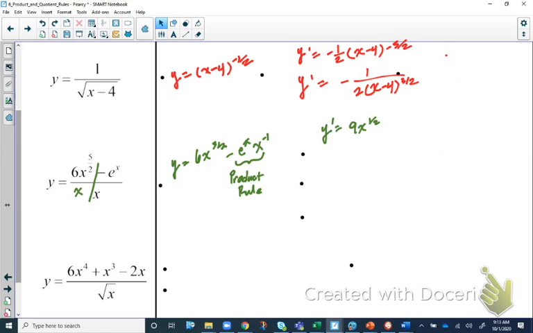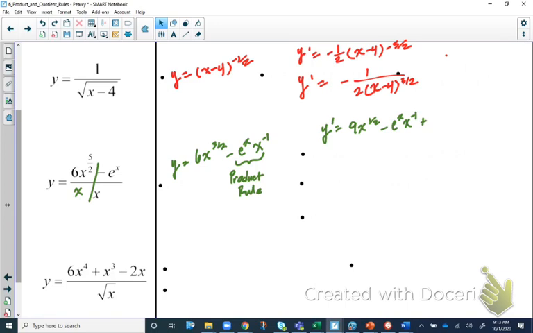On the other part, we have to use the product rule, so we're going to say minus, and we'll take the derivative of the first part, which is just e to the x power, times the second part, which is x to the negative 1 power, and then we're going to add.